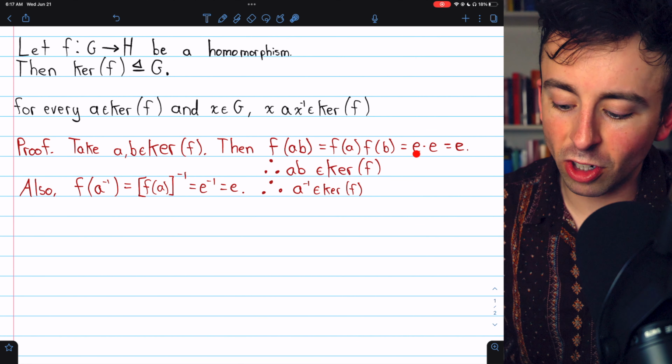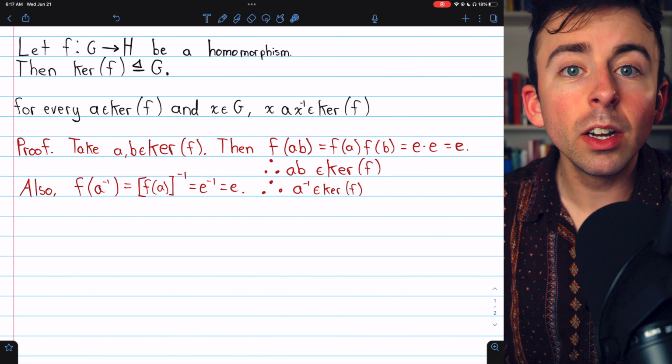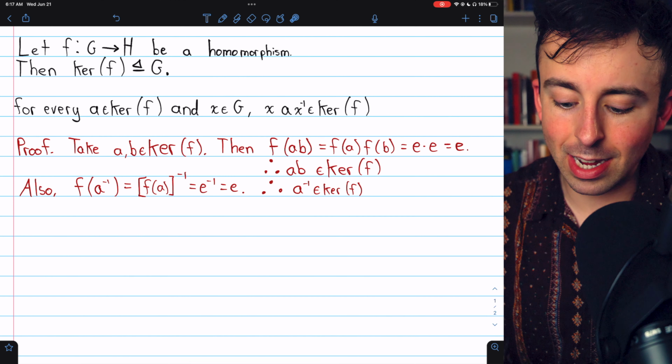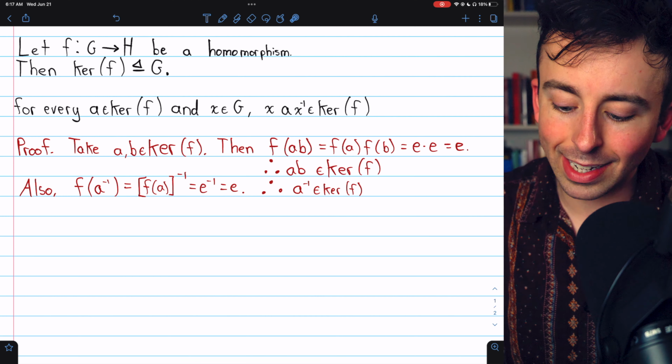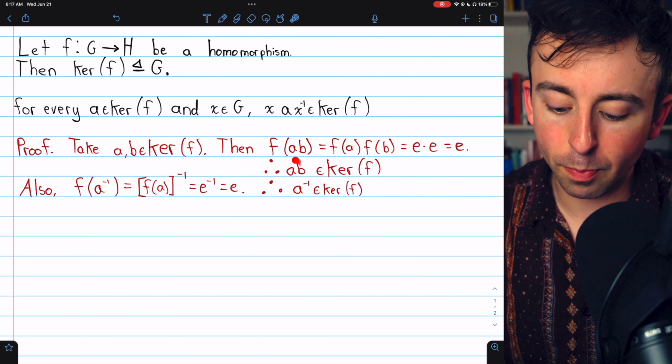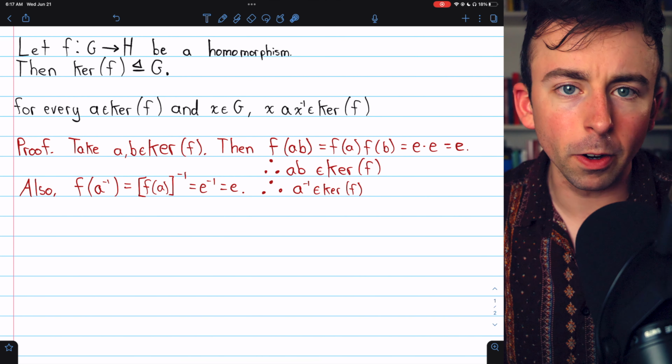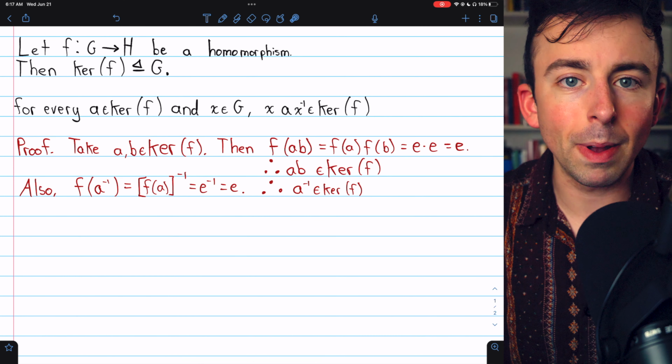So this is just the identity times the identity, which is the identity. So we see that the homomorphism maps the product AB to the identity. Thus, by definition, the product AB is an element of the kernel. So the kernel is closed with respect to products.